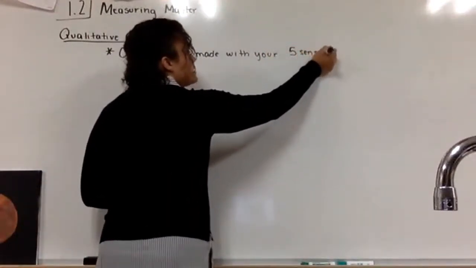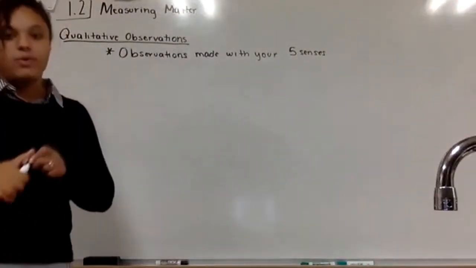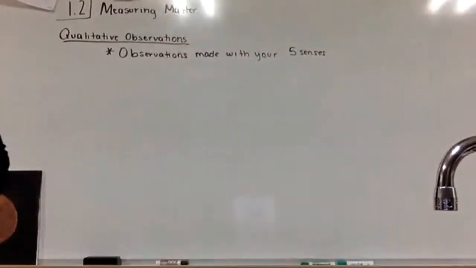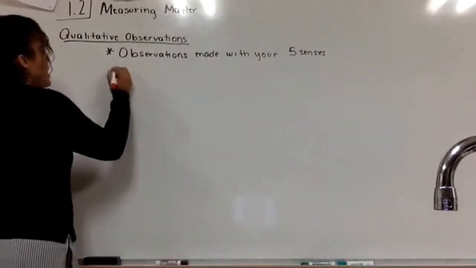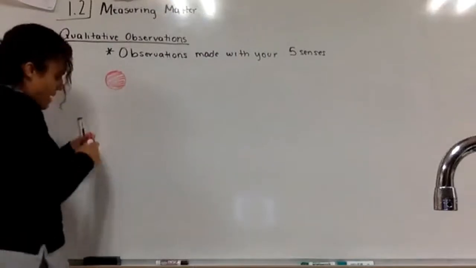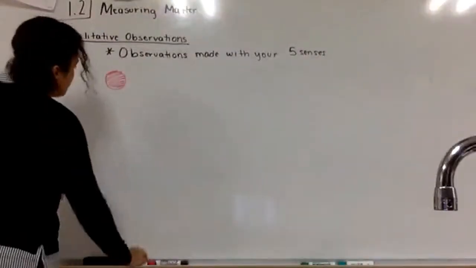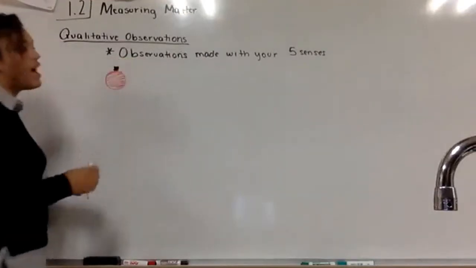So for an example, if we were to have an apple drawn on the board, so we know that these are our observations made with our 5 senses. If we were to draw an apple on the board, just wait while I get my red marker out here. If we're drawing an apple on the board here, and we had an apple in real life, we would make some qualitative observations about the qualities of that apple using our 5 senses.